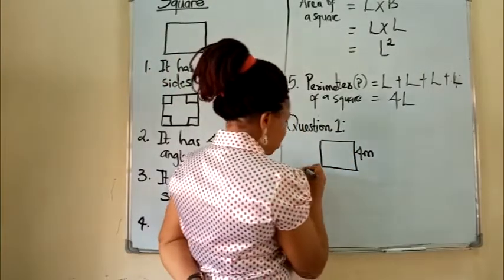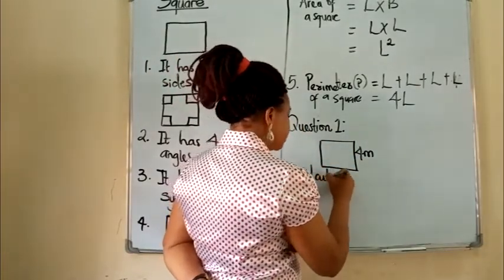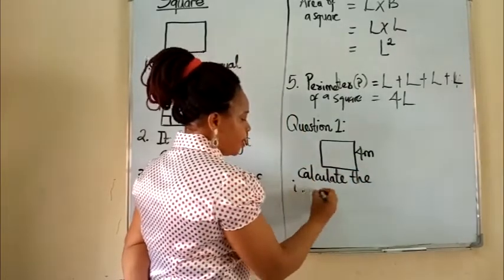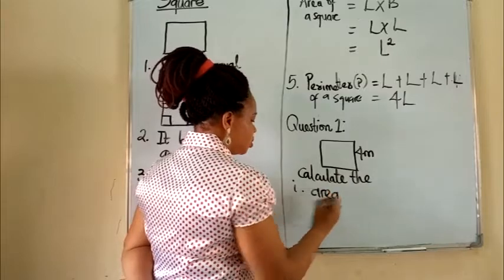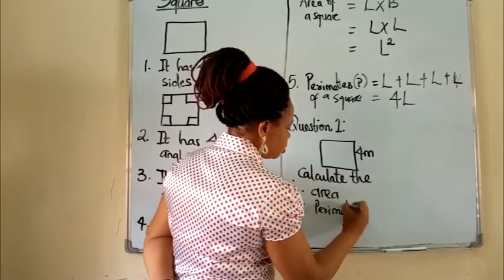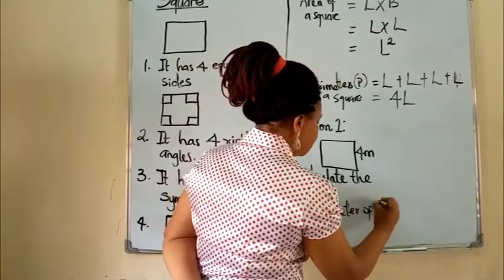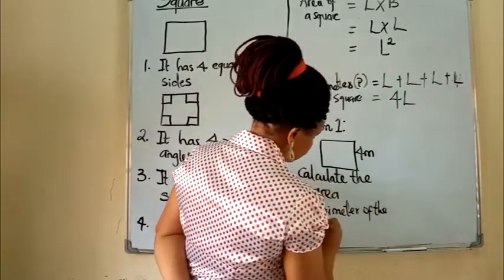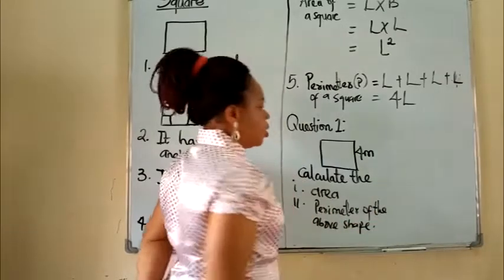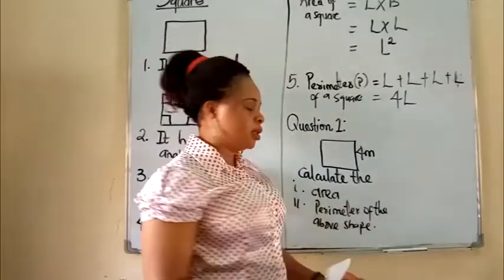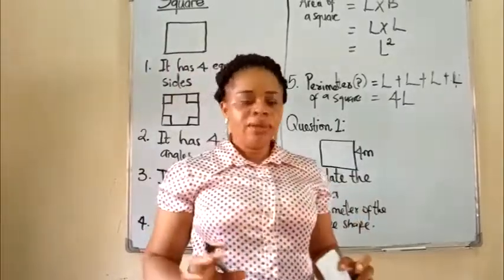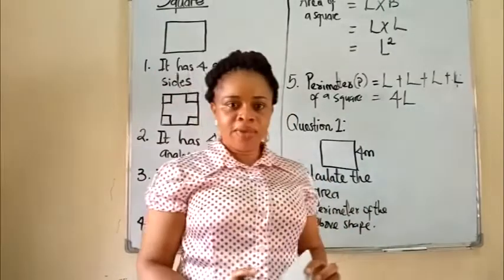The question says calculate the area and perimeter of the above shape. Okay, now this is all you find in the question. You don't need to be confused. One side was given and there's no other thing that was given.